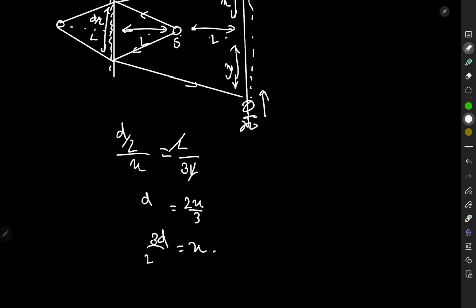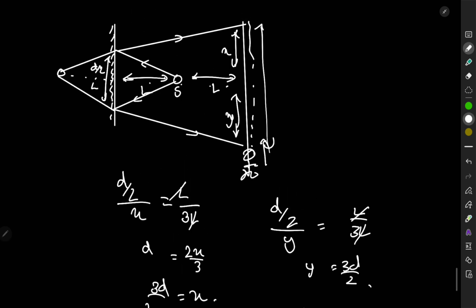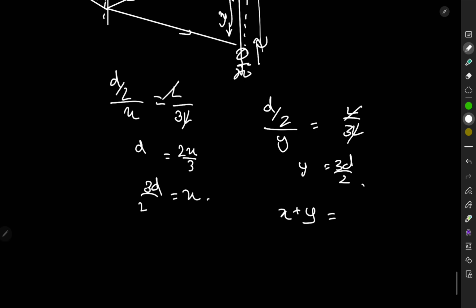So similarly do it for y also. D by 2 by y, L by 3L, L gets cancelled, and y is equal to 3D by 2, and we need to add x plus y to get the field of view. So x plus y is equal to 3D by 2 plus 3D by 2, which is 3D.